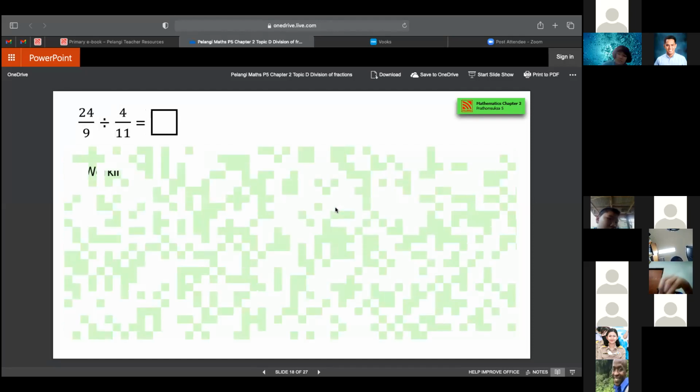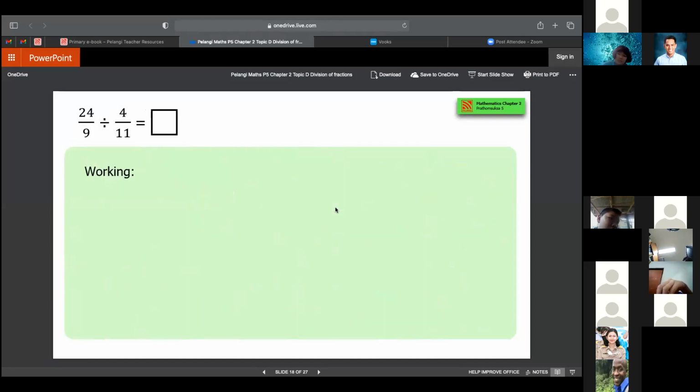Next, 24 over 9 divided by 4/11. You just copy 24 over 9, and the division becomes multiplication. So you will write 24 over 9 times 11 over 4. 11 over 4 is the reciprocal of 4/11. Now you can cancel 24 and 4. Both are divisible by 4. 4 divided by 4 is 1. 24 divided by 4 is 6.